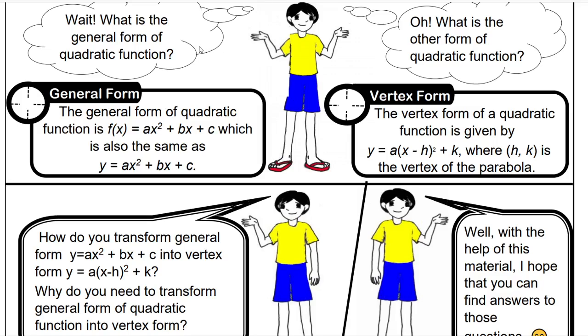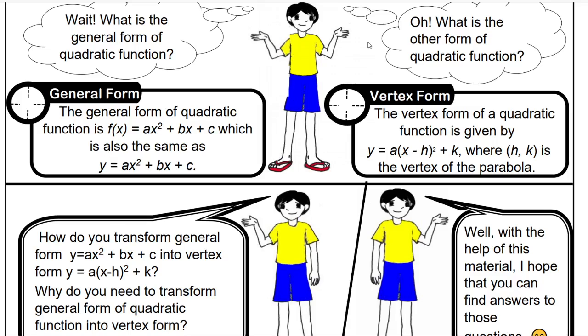What is the general form of a quadratic function? The general form is f of x equals ax squared plus bx plus c, which is also the same as y equals ax squared plus bx plus c. Therefore, f of x is just equal to y. You can write it as f of x, or you can just write it as y.